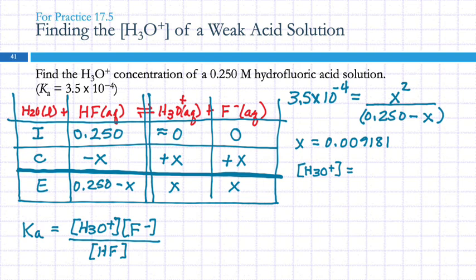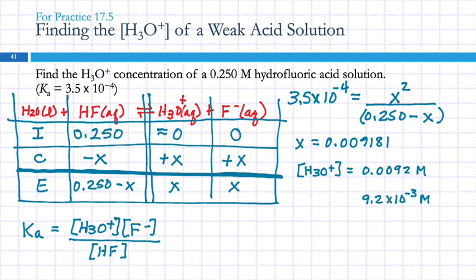I'd probably go with 2 sig figs, 0.0092 molar, or we could express that in scientific notation, 9.2 times 10 to the minus 3 molar. Any questions? If you're still iffy on ice tables, today is the day to get it figured out.